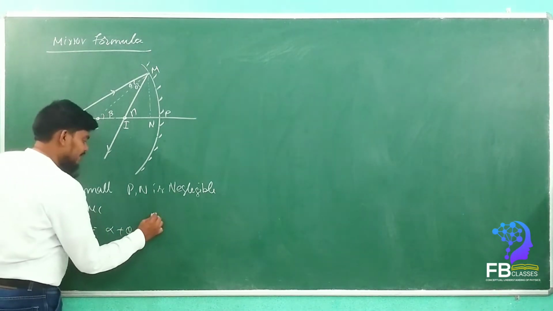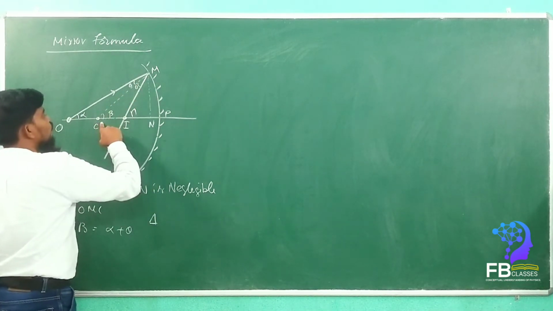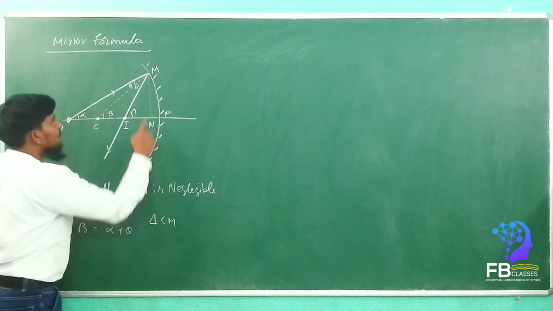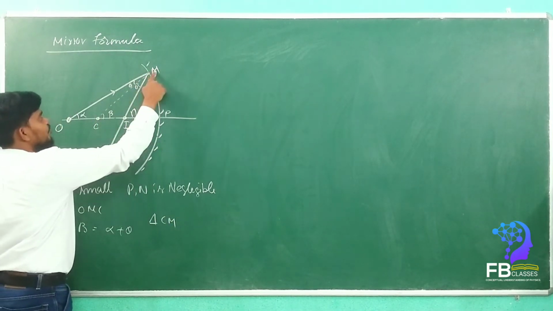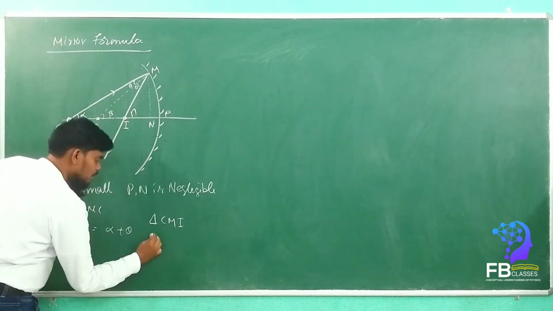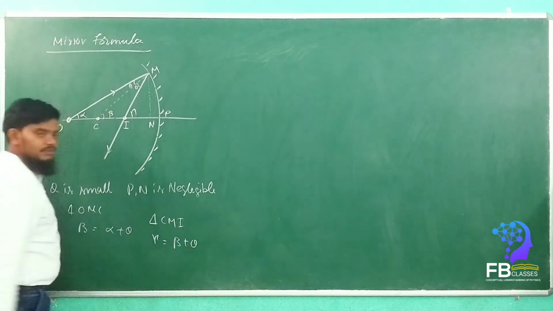In a similar manner, see here the triangle CMI. Gamma is equal to how much, my dears? Gamma is equal to beta plus theta. Yes or no?